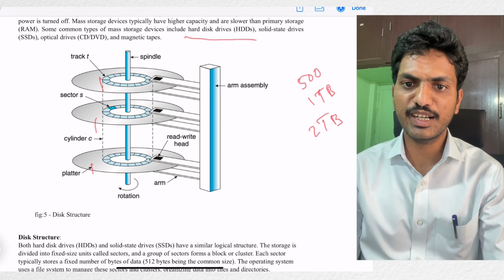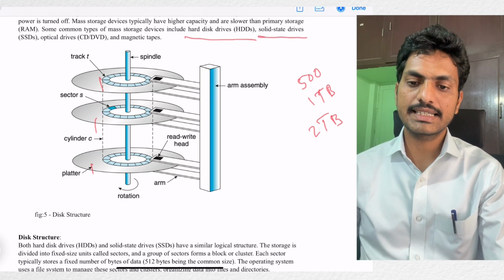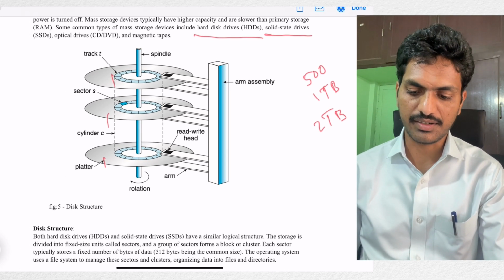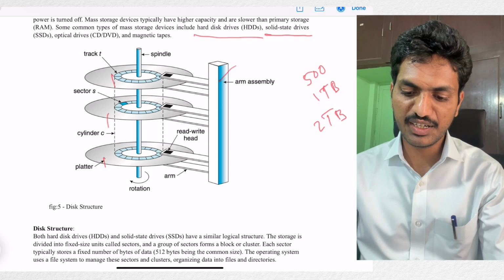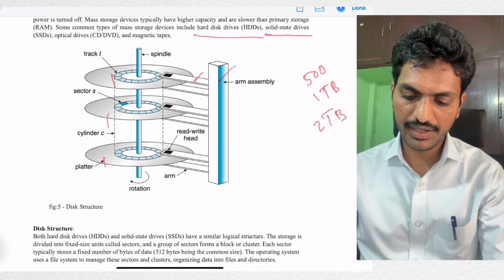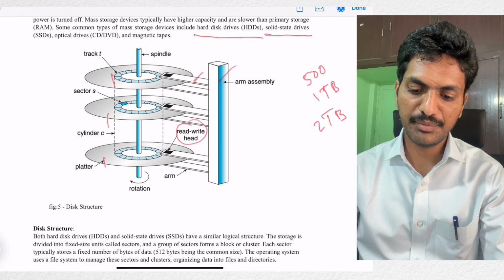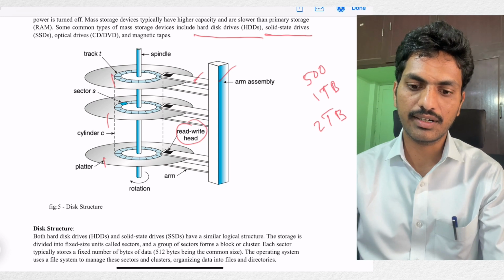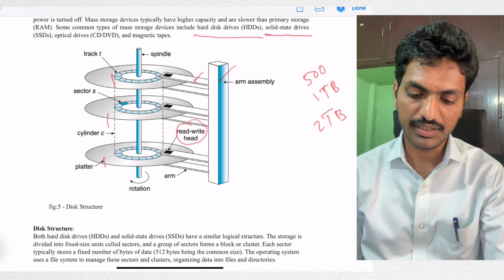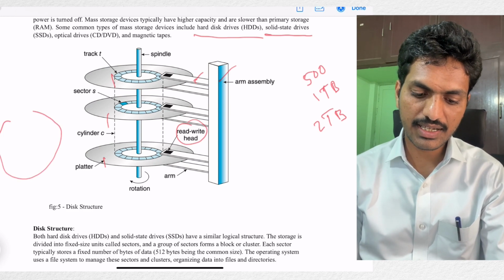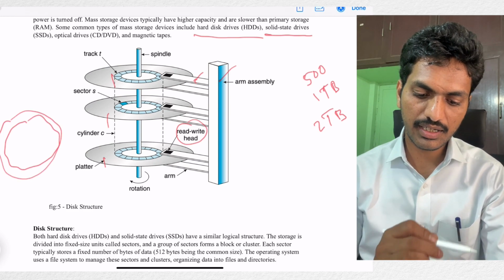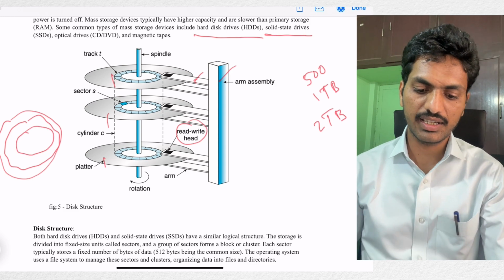And in recent days we are using the solid state drive. This is the structure. Here, this is the stand and the read-write heads. In the middle, there is a spindle for rotating. The platter is like this, and in the platter there are many circles.